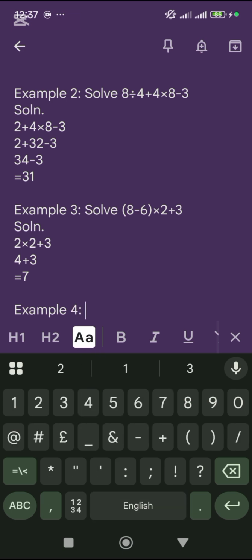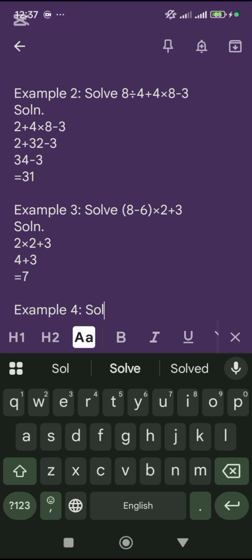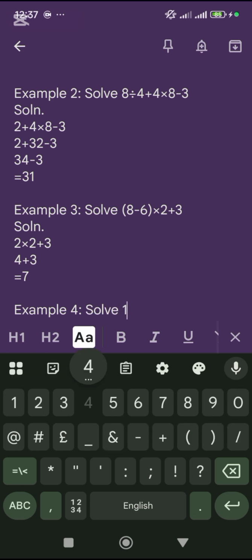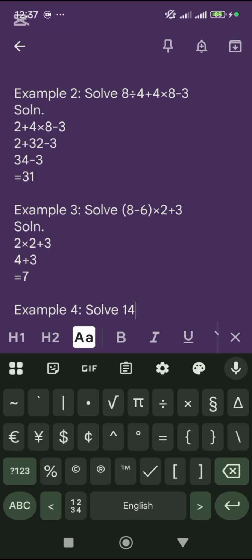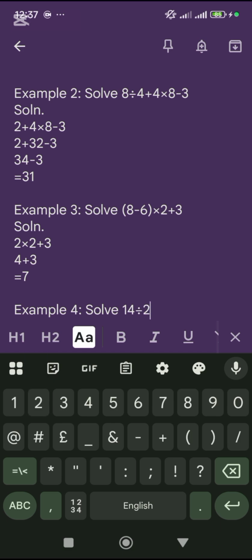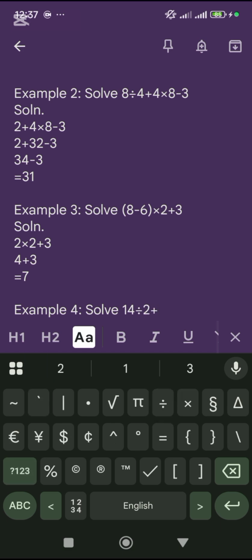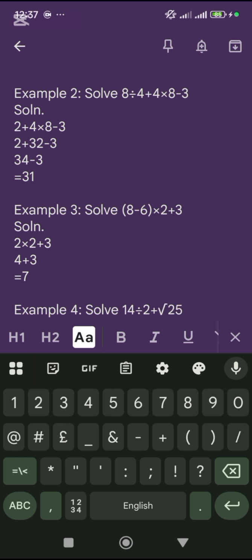Solve 14 divided by 2 plus the square root of 25 minus 10 plus 6 plus 3 raised to the power of 2.